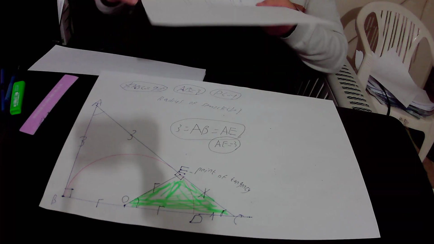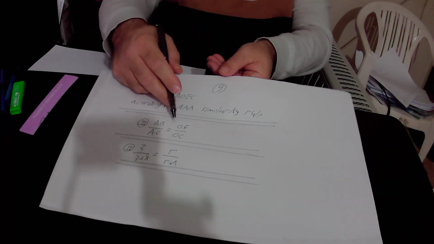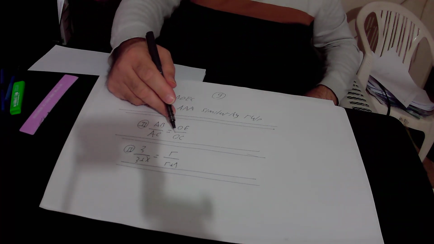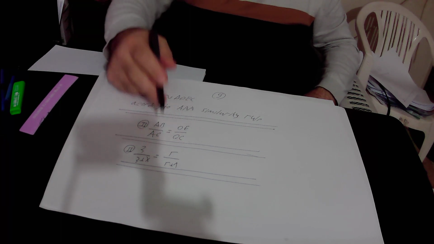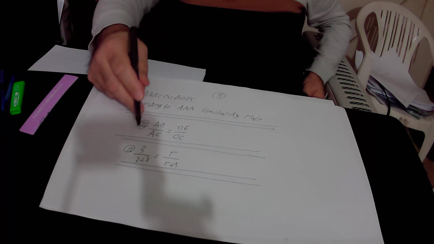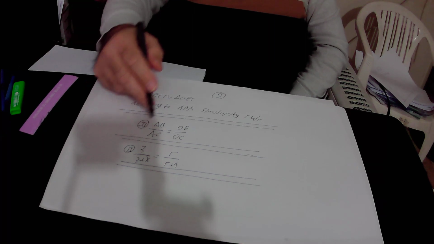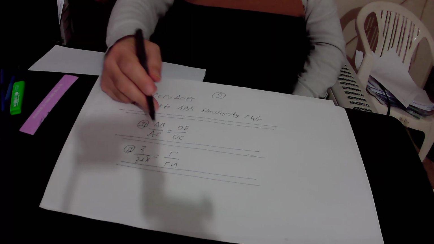So OE equals R and OC equals R plus 1. In total, we got that 3 over 3 plus x equals R over R plus 1.